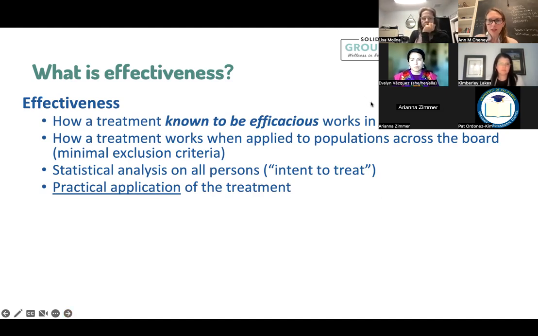So again, what I want to emphasize here is the idea of real world with minimal exclusion criteria. So how can we understand and do a study around the effectiveness of an intervention as it's implemented in a real world setting with patients? And what's the practical application of the treatment?